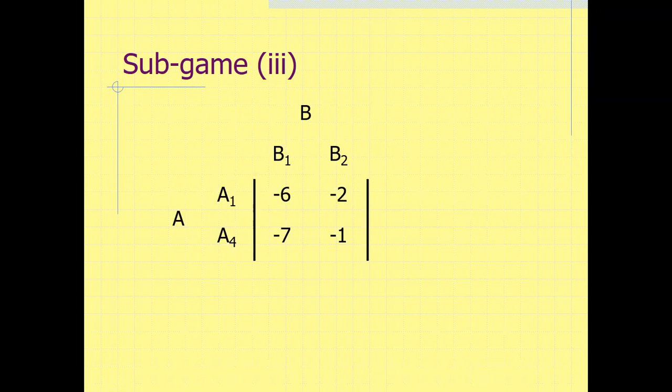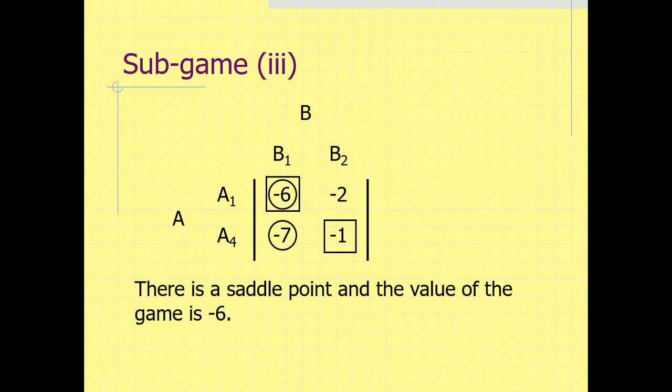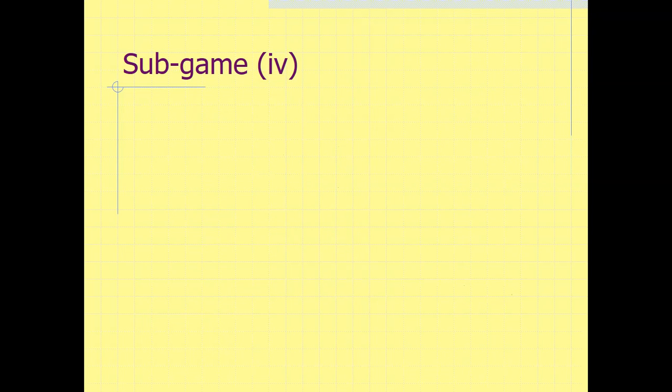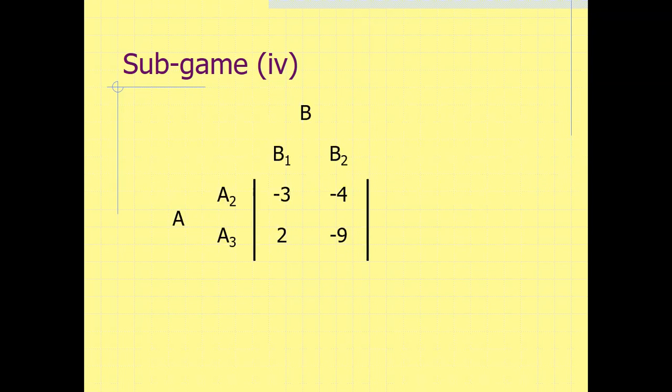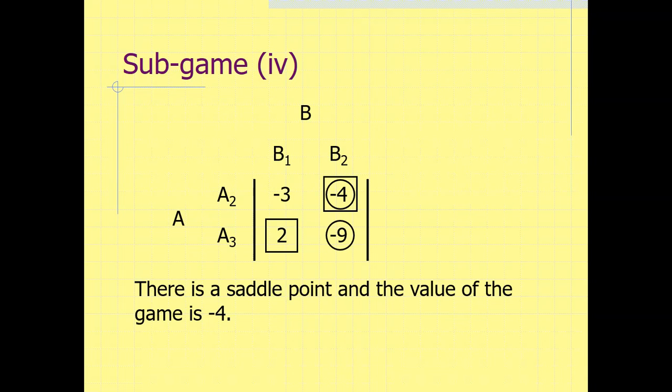Solving subgame 3, there exists a saddle point, and the value of the game is the value of the payoff in the matrix. Solving another subgame, again there is a saddle point and the value of the game is -4.